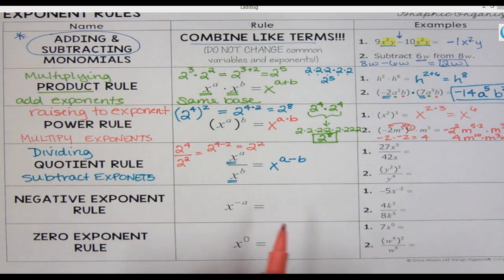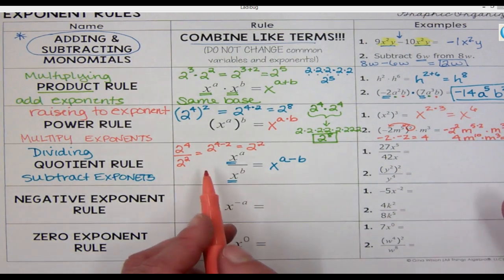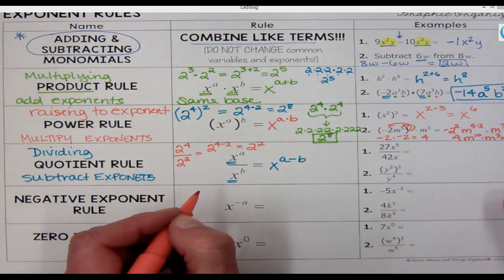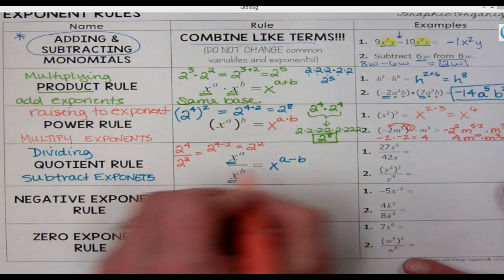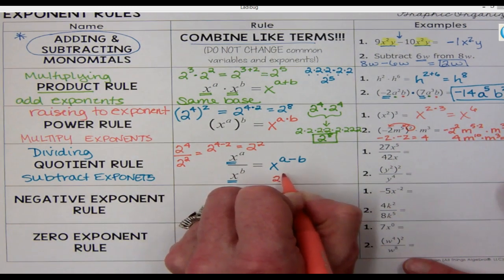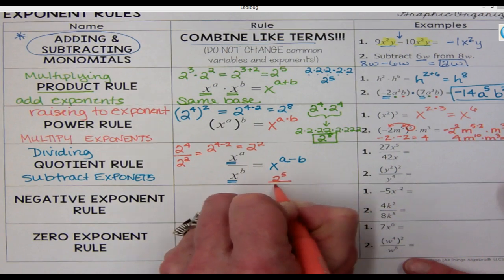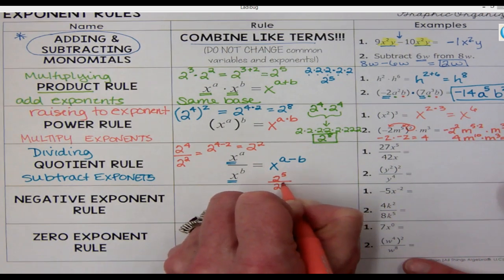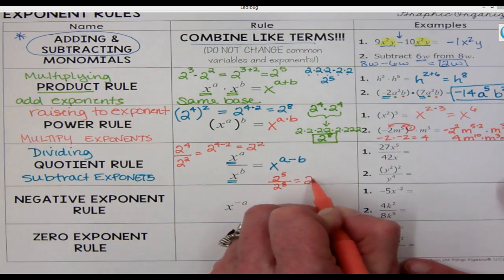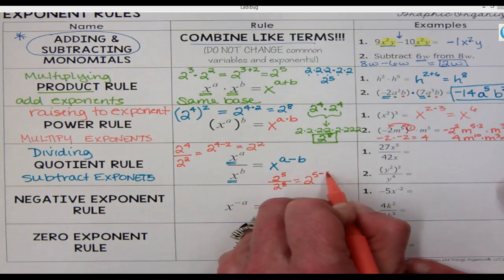Now, we're going to get into negative exponents right here, because if I were to have 2 to the 5th divided by 2 to the 8th, that would be 5 minus 8.